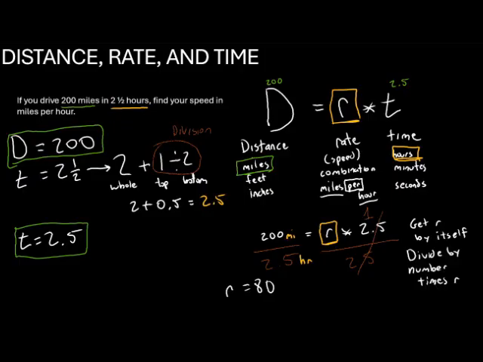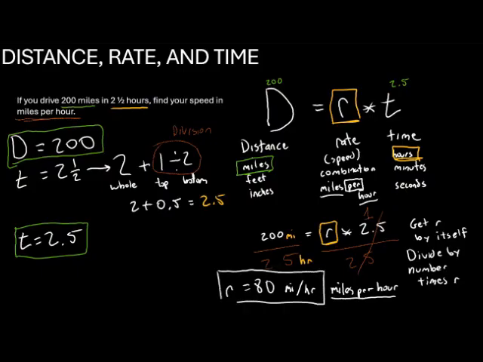Therefore, my rate is 80 miles over hours, or if you wish, miles per hour. We say miles over hours because miles was on top and hours was on the bottom. Note that the question asked for the speed in miles per hour. Therefore, 80 miles per hour is the correct answer because the units we have now match the units we were asked for in the question.